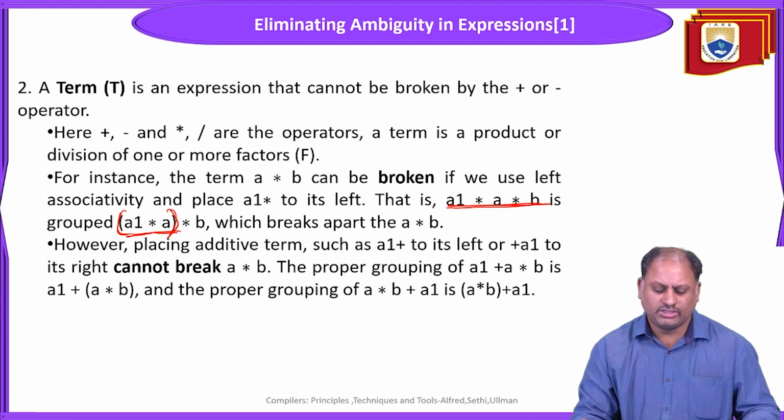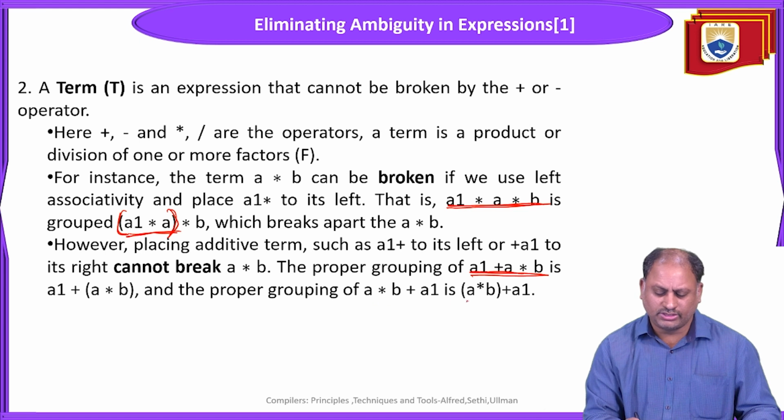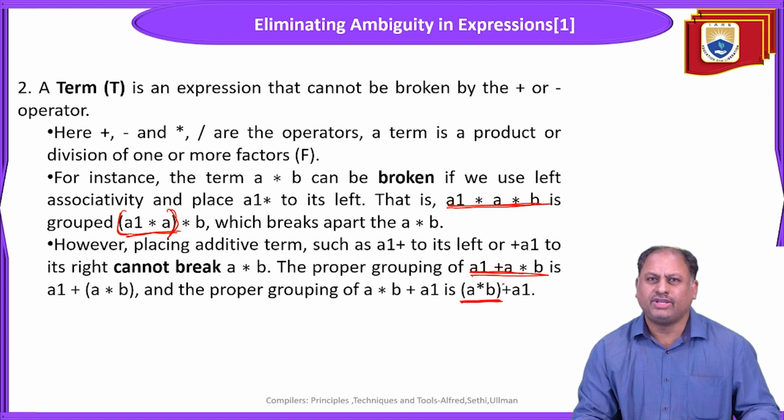However, consider placing an additive term, such as A1 plus A star B. In this case the precedence of the operator comes in, that means which one is higher and which one is lower, plus or star. Based on precedence, we can apply the star operation first. That means we give parentheses to A star B and then the remaining part plus A1.